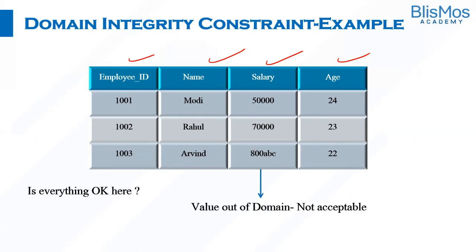So if you see here, this particular value is not following the norms. When I say not following the norms, we have defined salary should take only int or float. In that case, what do you think is happening here? We are saying 800 ABC. That is not according to whatever the constraint would have defined.